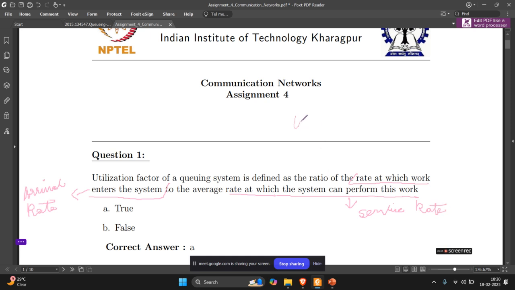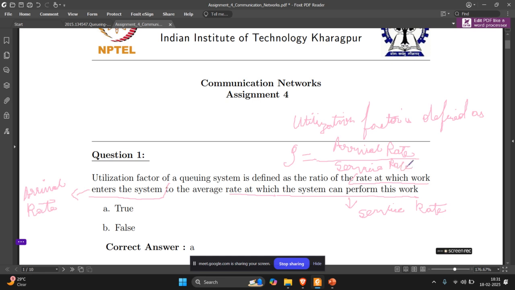And the utilization factor is defined as rho equal to arrival rate by service rate.